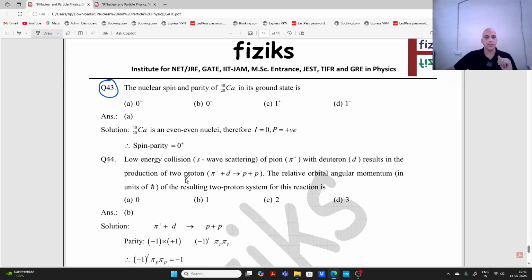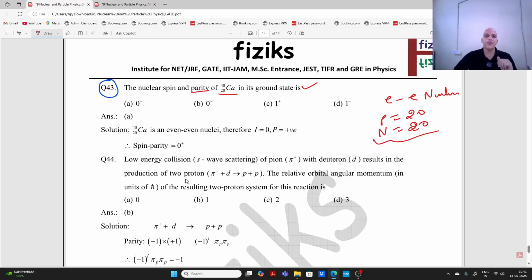Now the next is the nuclear spin and parity of calcium-40 (20 protons) in the ground state. Now it is a case of an even nucleus, right? We know proton is equal to 20, neutron is equal to 20.